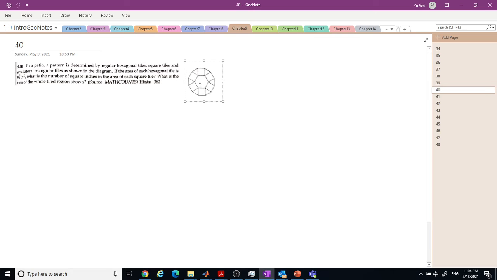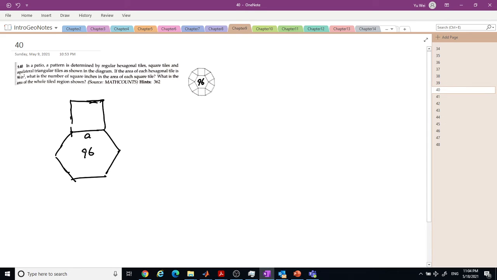The area of the hexagon tile is 96 square inches. If we draw it a little bigger, this one is 96, right? It asks what is the area of the square.